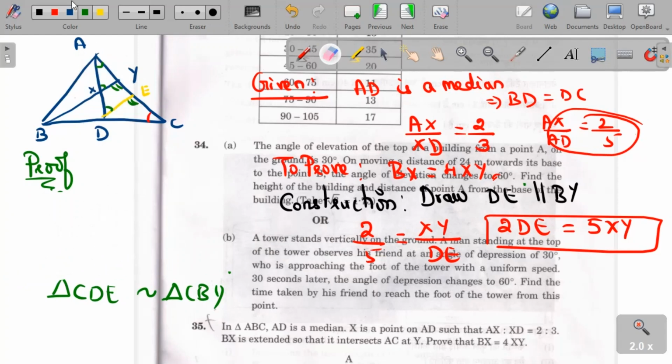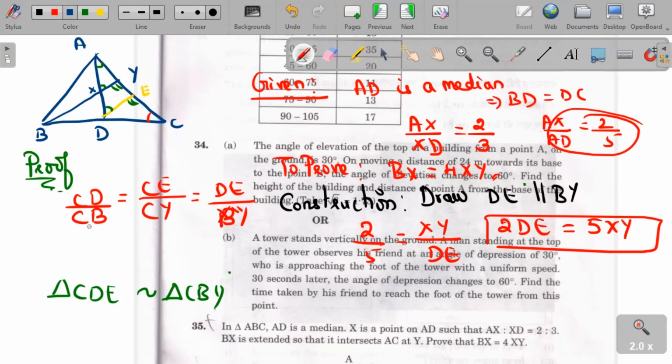Now let's start the proportionality because of this particular similarity. CD divided by CB will be equal to CE divided by CY will be equal to DE divided by BY. In this case, we just need to know CD is okay, but what about CB? CB will be nothing but 2 times CD. Why? Because we already said that BD and DC are equal because AD is a median.